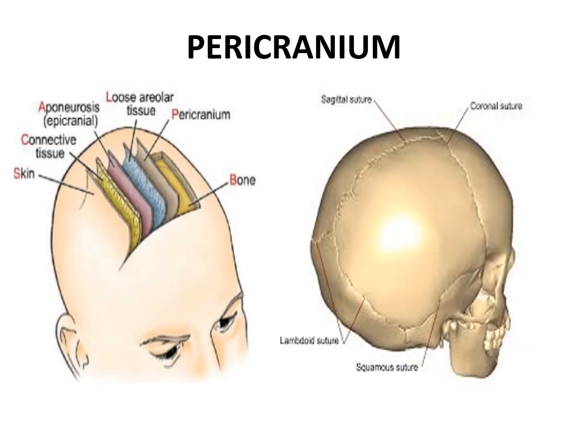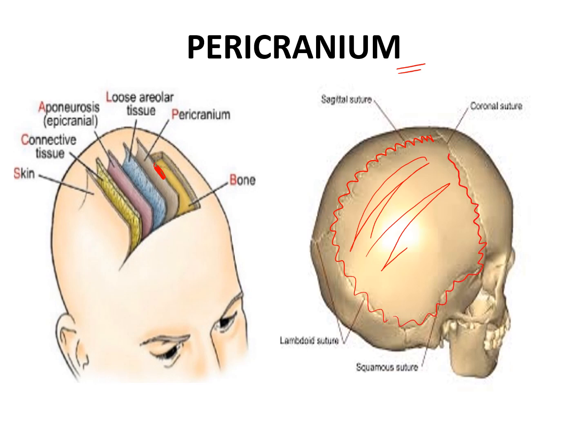Now next we are moving on to the last layer, which is the pericranium. So this is the pericranium what we are seeing here. This pericranium is loosely attached to the bone except at the sutures. At the sutures, the pericranium is tightly attached to the bone. So what happens if there is any fluid or blood collection beneath the pericranium?